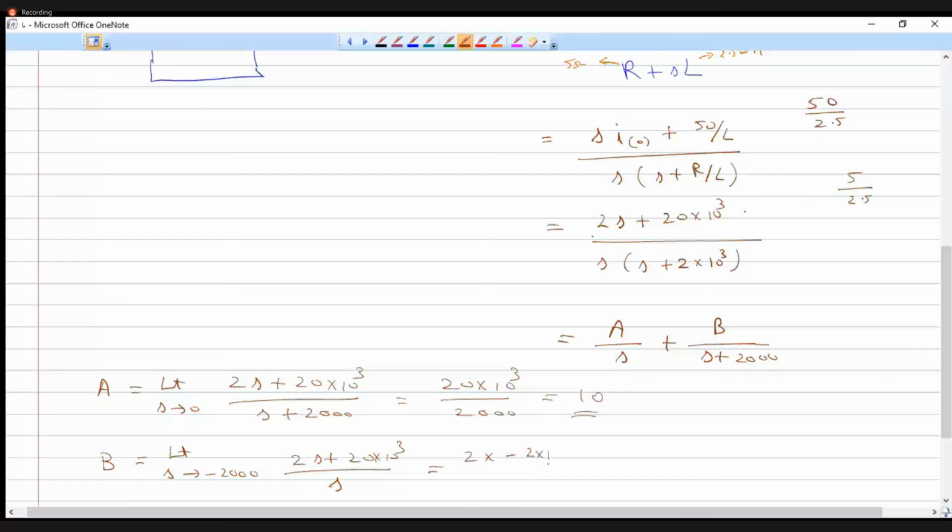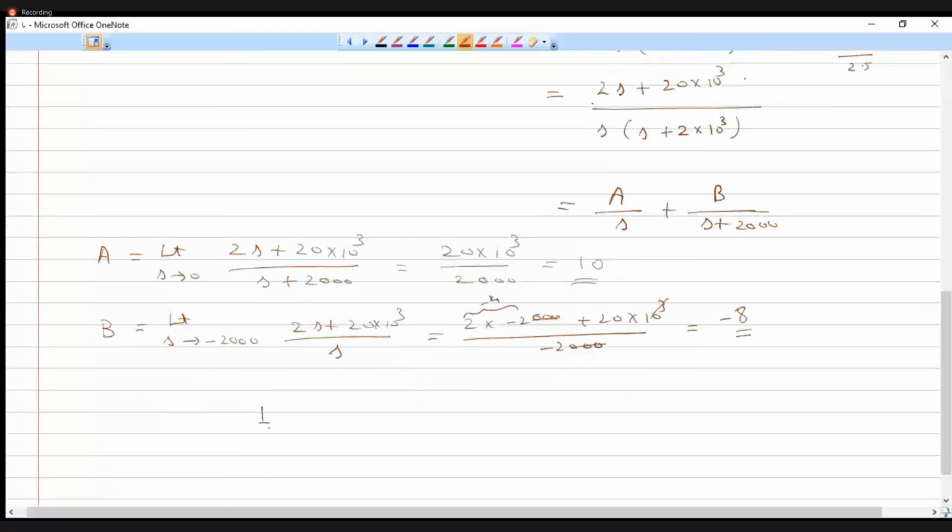Minus 2 into 2000, sorry. Plus 20 into 10 power 3 divided by minus 2000. So we have the 10 power 3 cancelled here. Minus 4 plus 20 is 16. 16 divided by minus 2 is minus 8.